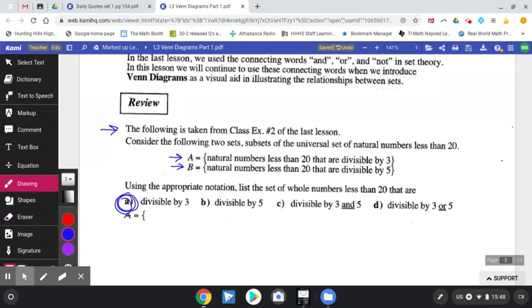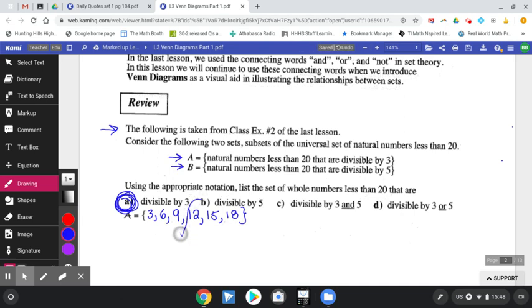And let's take a look down here at question A. So use the appropriate notation. List the sets of whole numbers less than 20 that are divisible by 3. So for set A, we would have 3, 6, 9, 12, 15, and 18.